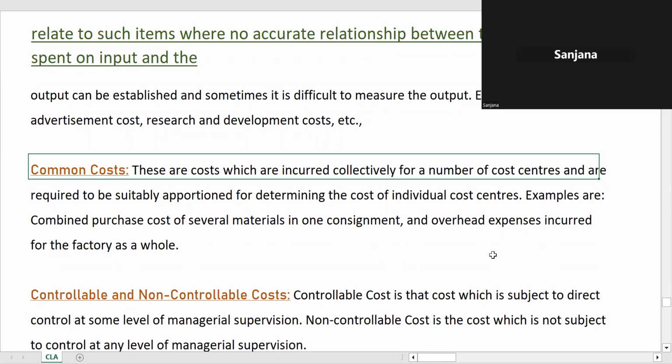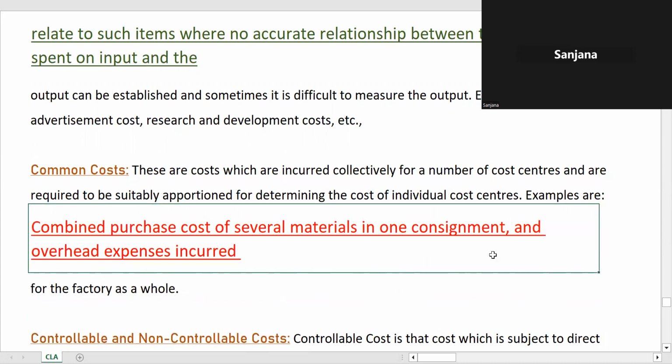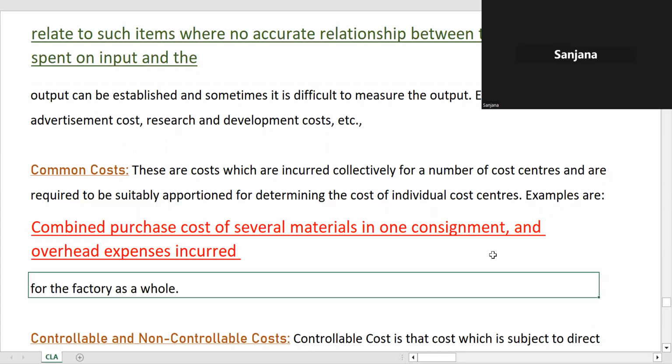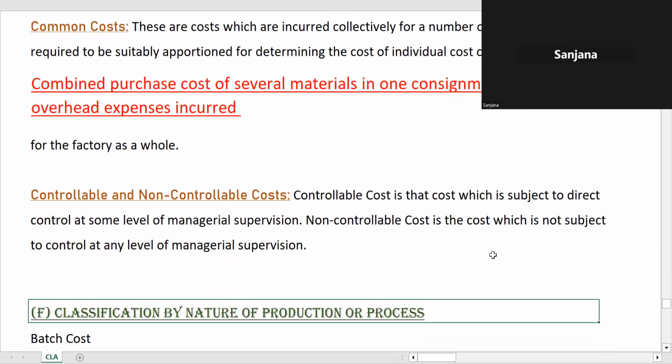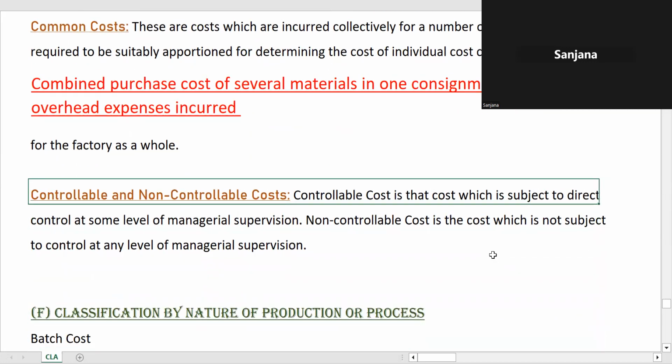So that will be treated as common cost. Common cost is cost which is there for more than one cost center or cost object. An example of this is combined purchase cost of several materials in one consignment. You have purchased it together in one consignment, so it's a common cost for some cost centers.